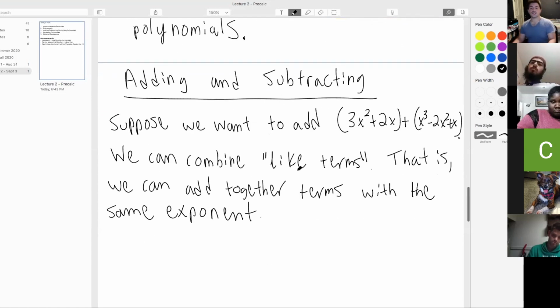Good. So let's look at the powers here. Sorry guys, can we change this 3x squared to a 3x to the third? My bad. Just change that to 3x to the third. Anyways, we can add together the 3x to the third and the x to the third because they have the same power.